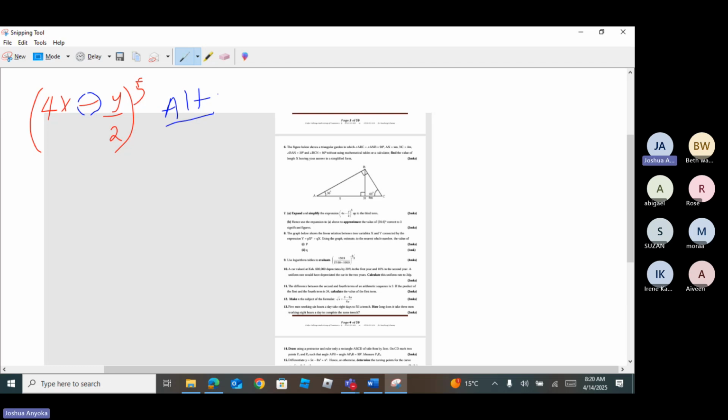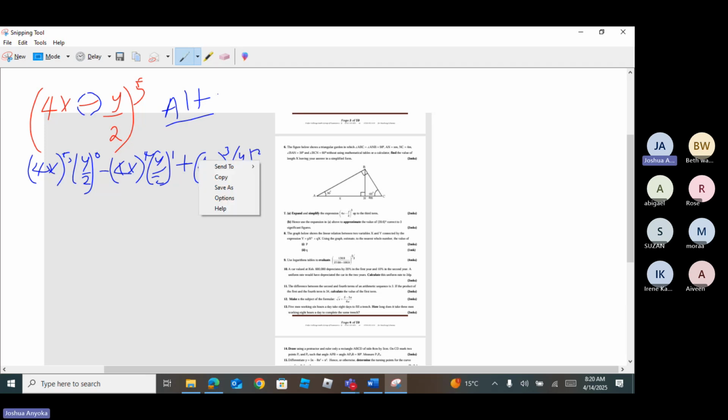We start with the first term, which is 4x, and the first term is always raised to 5, and the second term, y over 2, is raised to 0, minus 4x raised to 4, y over 2 raised to 1, plus 4x to power 3, y over 2 power 2.